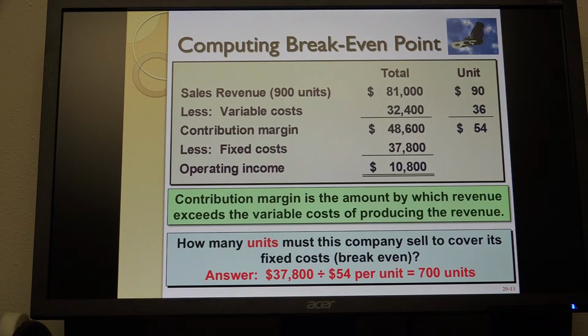So 63,000 minus that would be 37,800 contribution margin, and so that's going to put you at your break-even point. Okay?